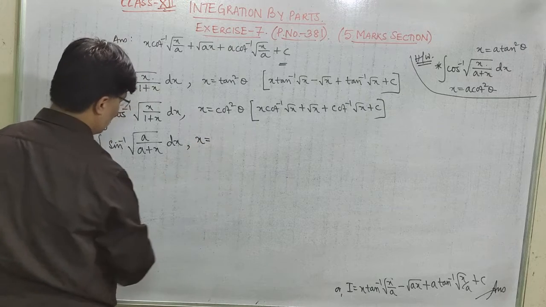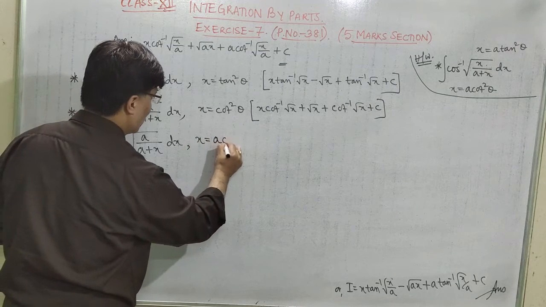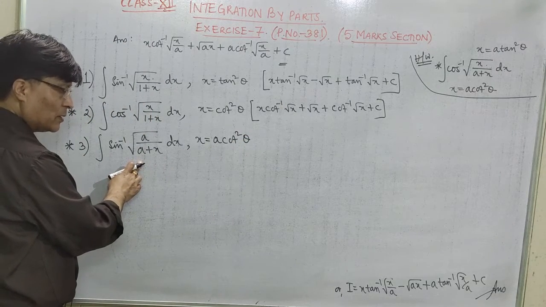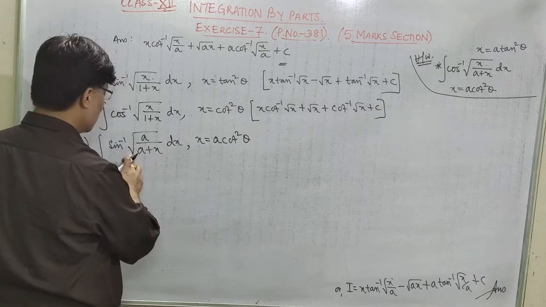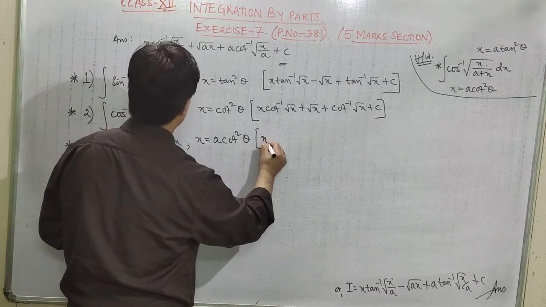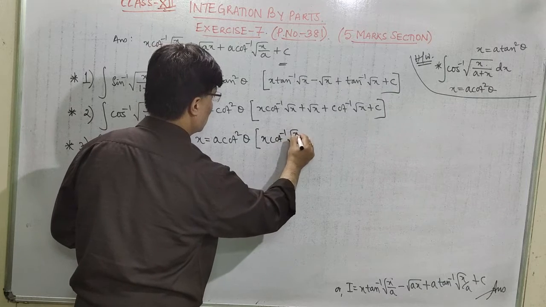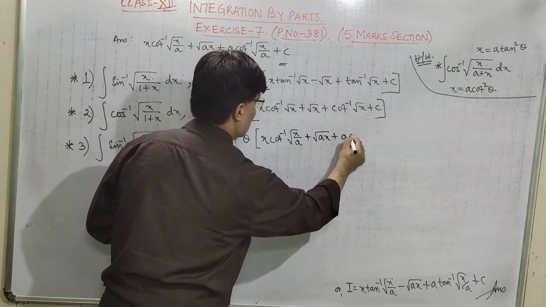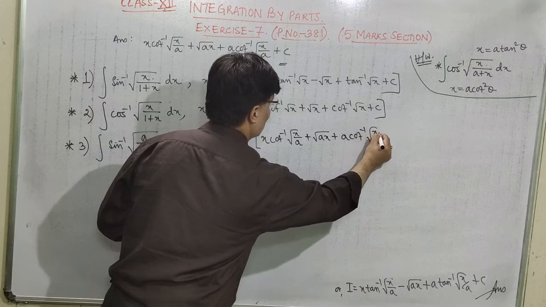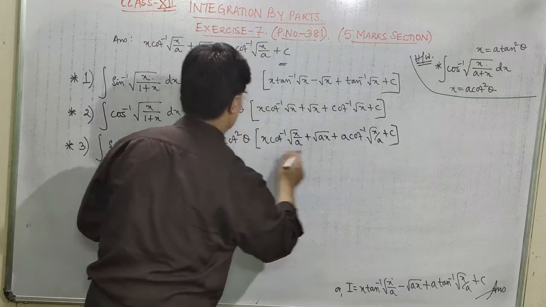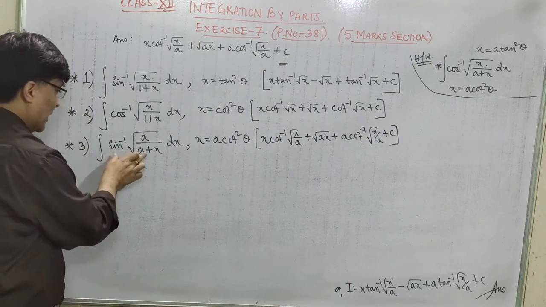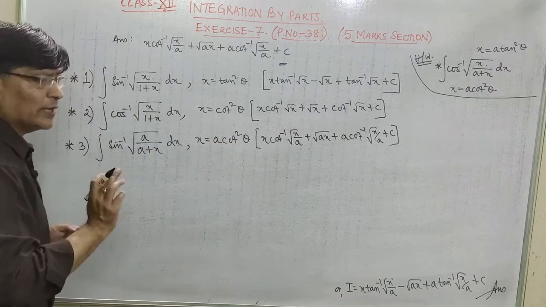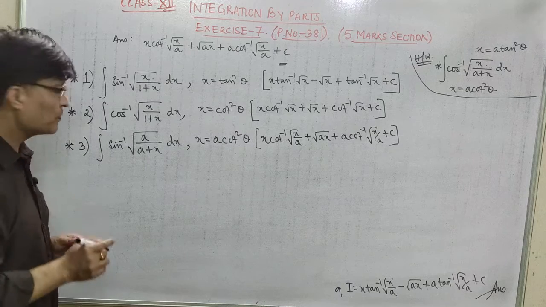You can put x is equal to a cot square theta in this case. Is that clear? And now the answer for this question will be x cot inverse root over x by a plus root over ax plus a cot inverse root over x by a plus c. Okay, the answer for this question is this one, and the hint for this question is x is equal to a cot square theta. Is that clear?